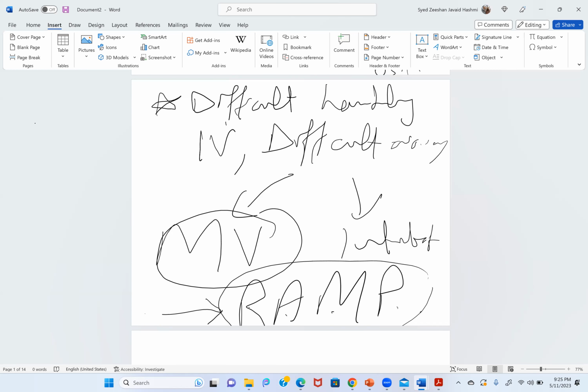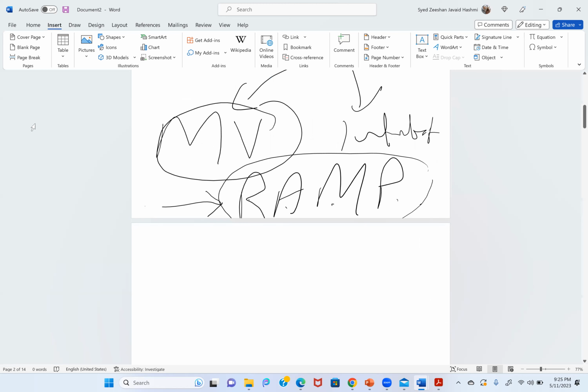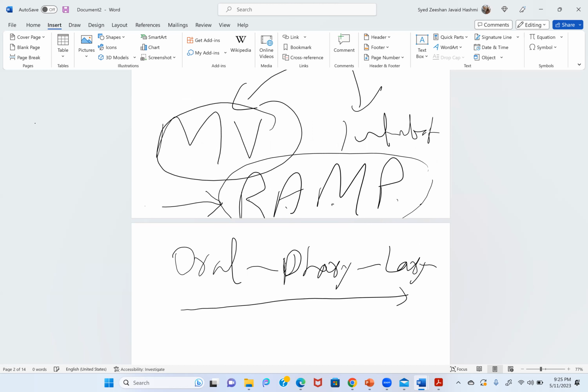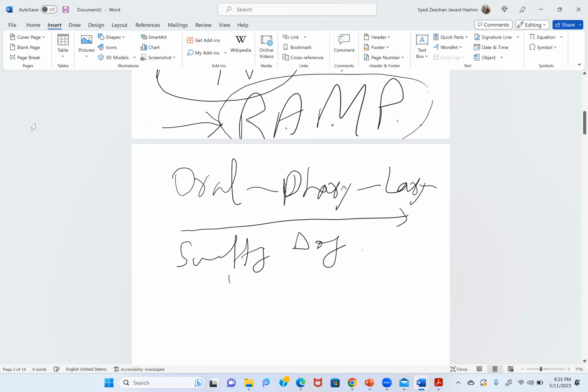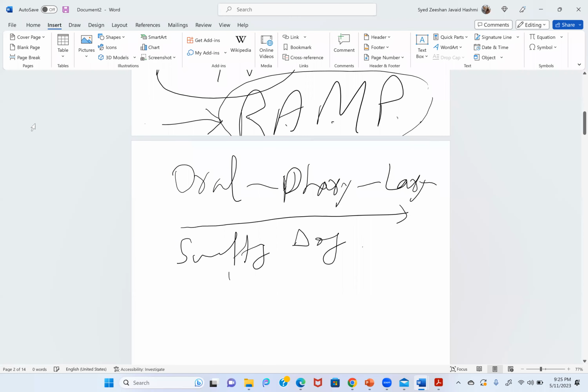I don't think there is any disadvantage, because there are three angles: the oral angle, the pharyngeal angle, and the laryngeal angle. You need to align these angles. If you make the position like this, and then make the sniffing position, or barking dog position, these angles become straight.